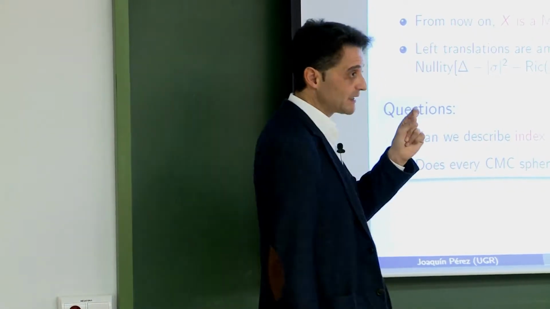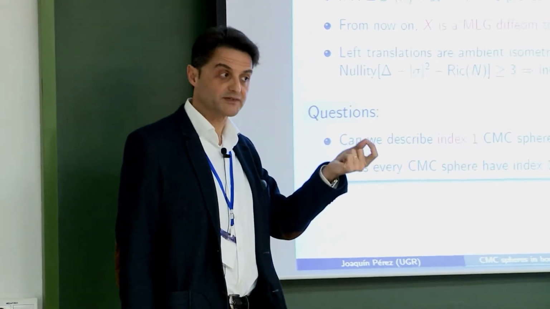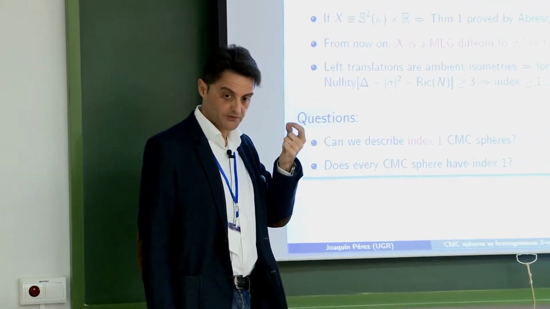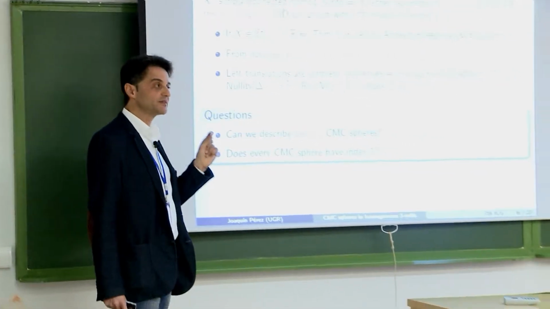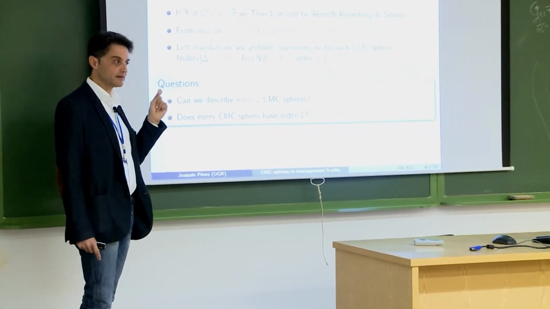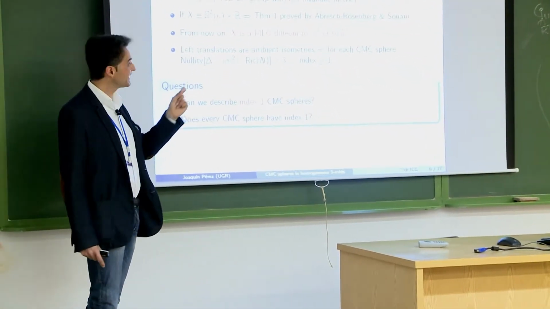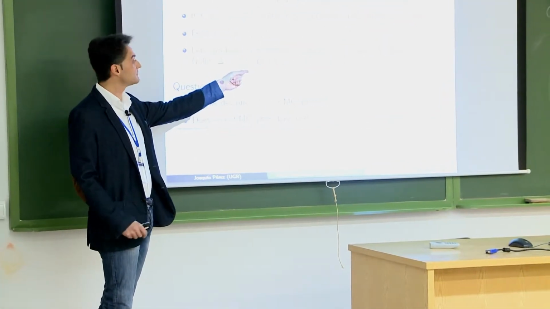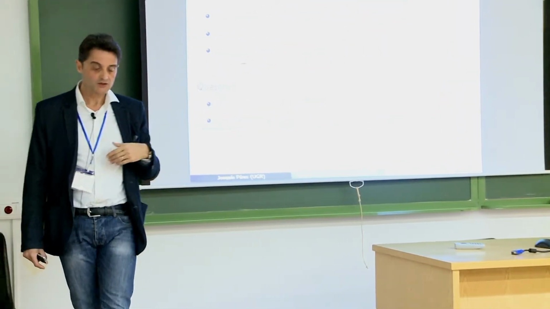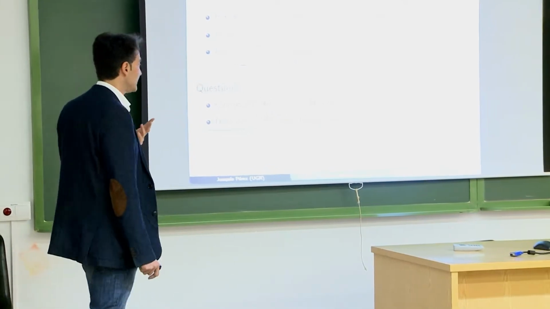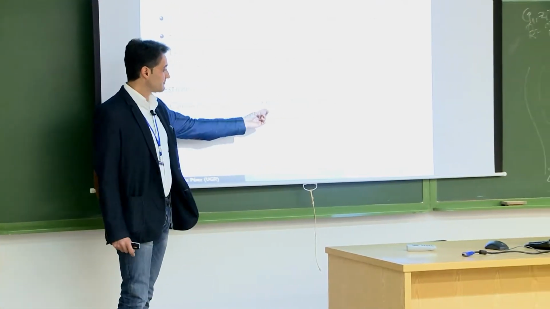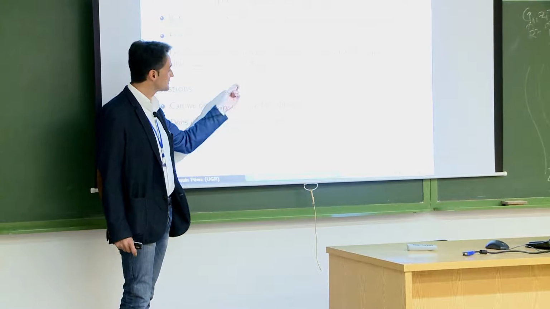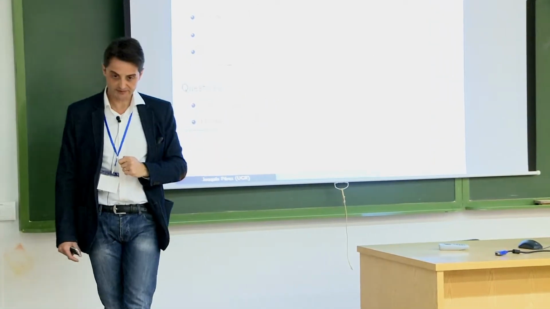But the first eigenvalue of the Schrödinger operator on a compact surface is simple. So 0 cannot be the first eigenvalue. You have to have at least 1 negative eigenvalue, which means that the index, the number of negative eigenvalues, is at least 1. So that's a motivation to study, instead of the general problem of CMC spheres, index 1 CMC spheres.